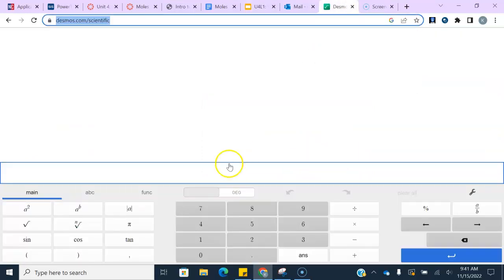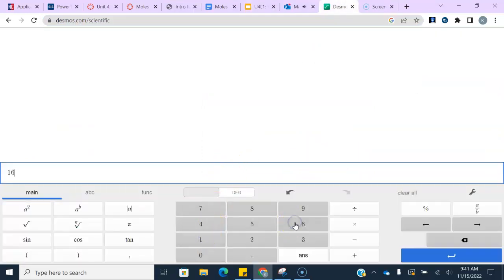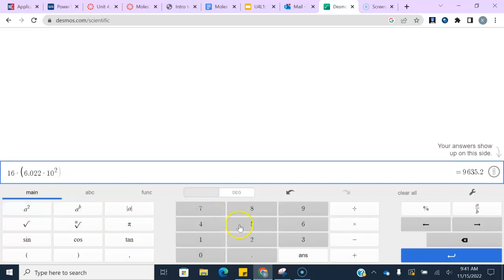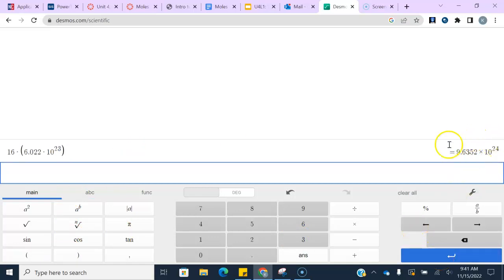So we've got 16 moles, so we'll do 16, and this is the Desmos scientific calculator. I'll link it in your lessons. But 16 times, and then I'm going to do 6.022 times 10 to the 23rd, and then we need our closing parenthesis, and then we'll press this little blue button here, and there is your answer.